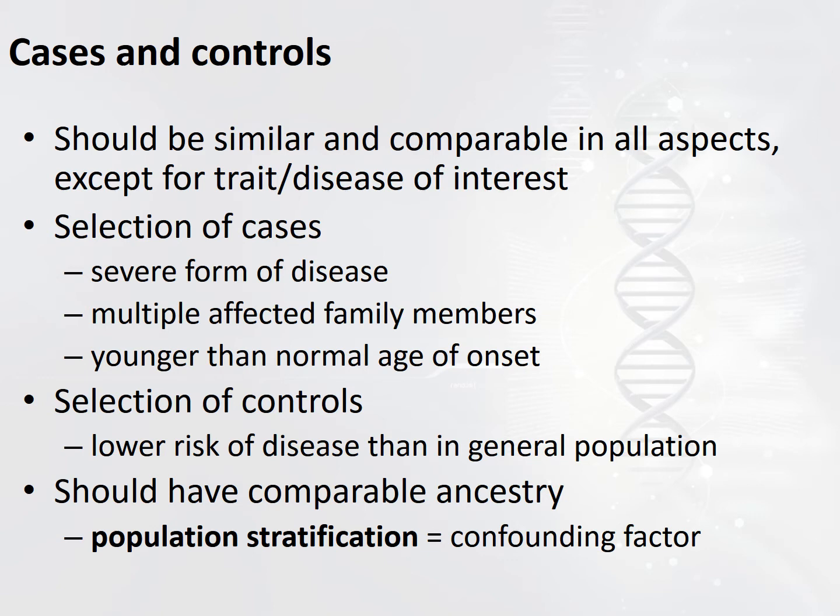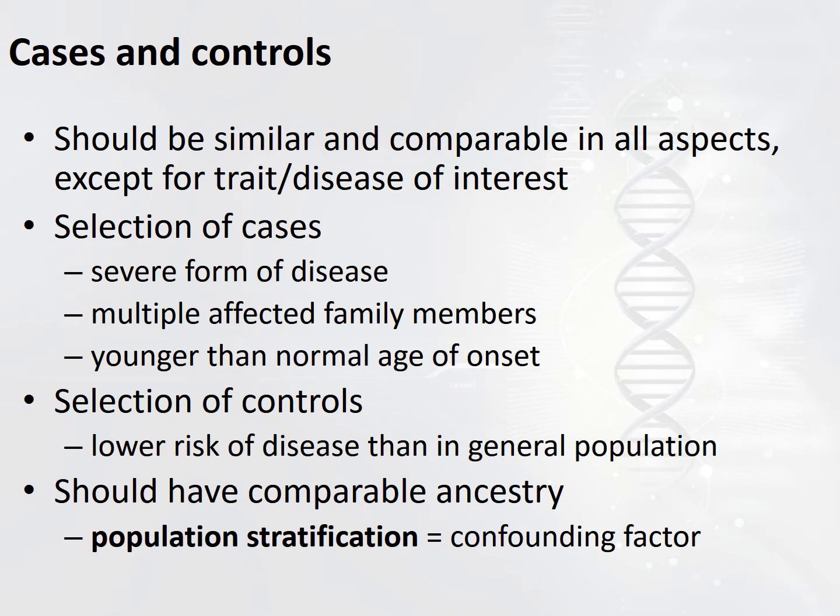Generally, if you want to enrich the effect of the genetics when selecting cases, you select individuals that have a more severe phenotype, or the ones that have the disease at a younger age than they are supposed to, or the ones that have multiple family members that are affected. Also, you can select the controls so that they have lower risk for disease than the general population.